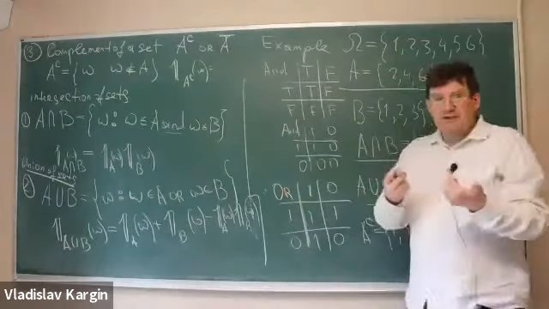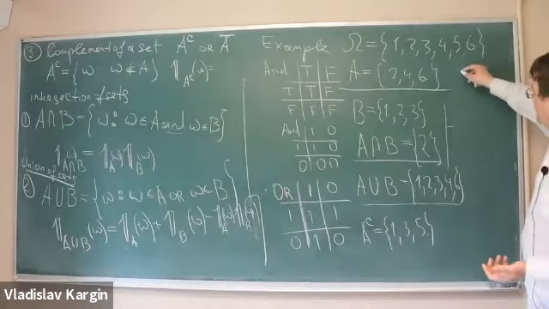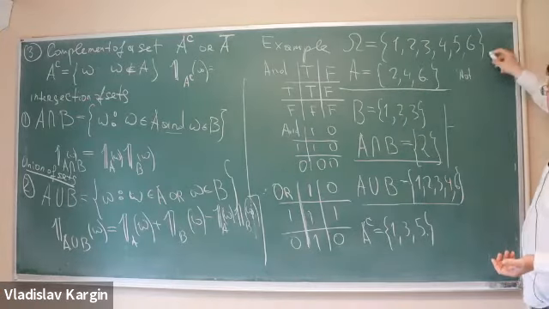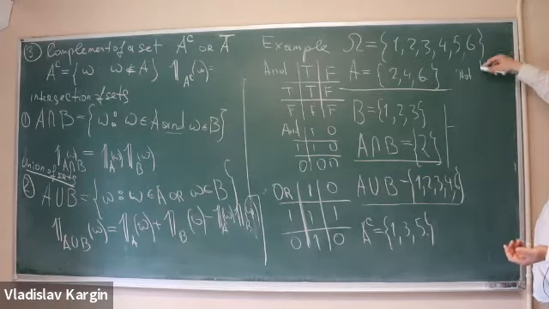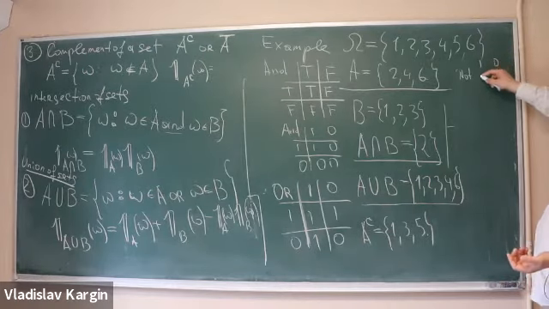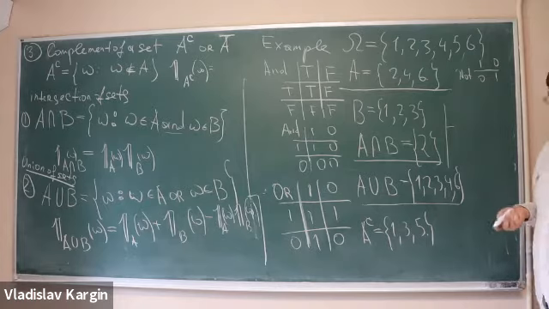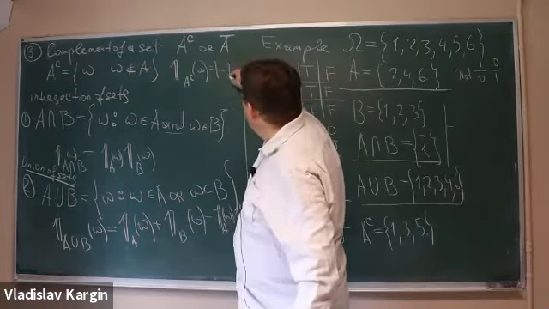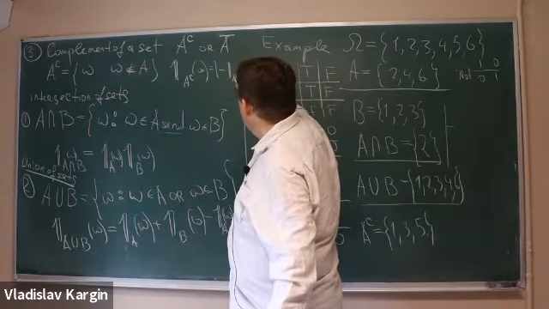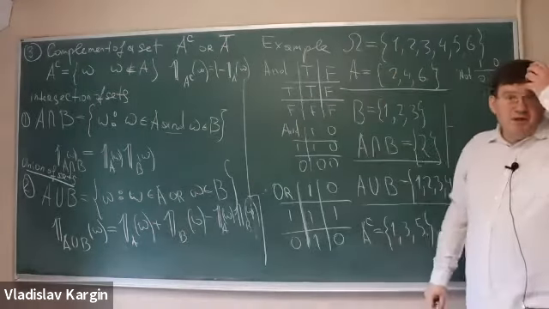With and, or, you need 2 statements. Here you need just 1 statement. So not: you have a true, you have a false. And so how it works: it moves 1 to 0 and 0 to 1. Right? So you can write it as 1 minus 1 over A of omega.